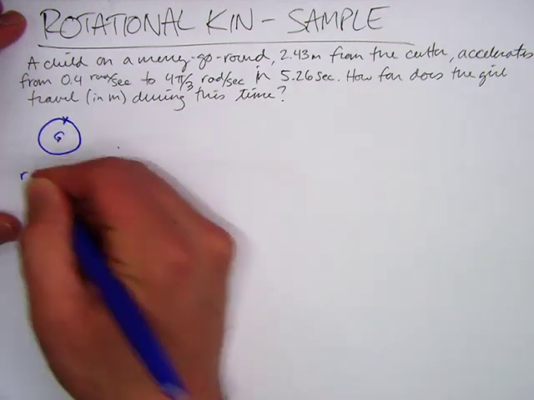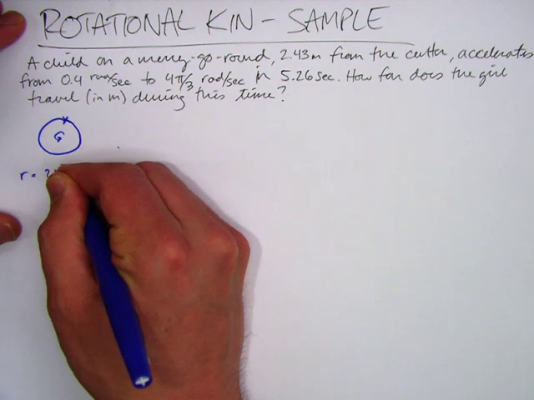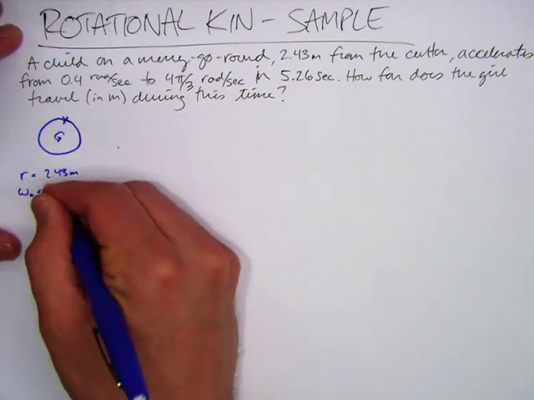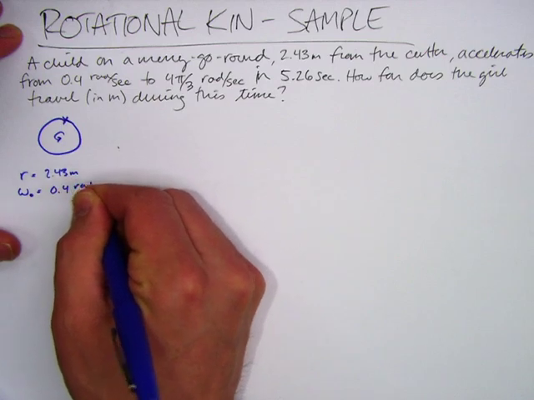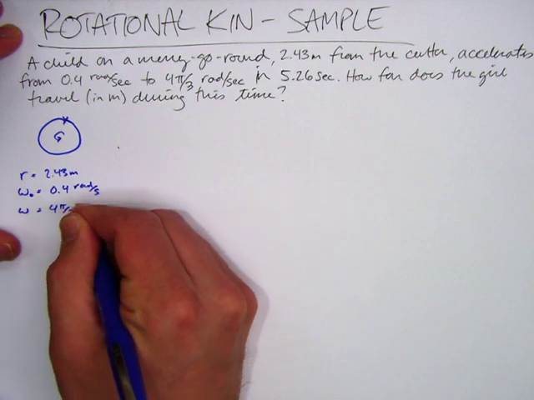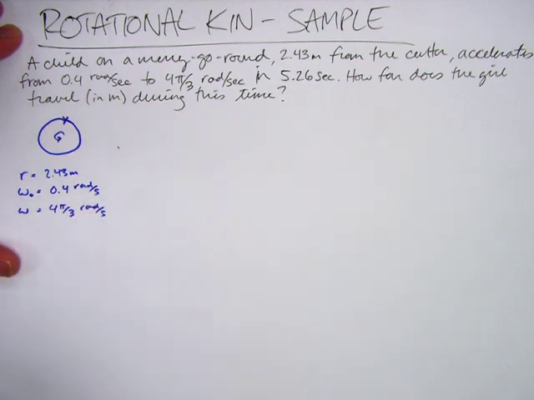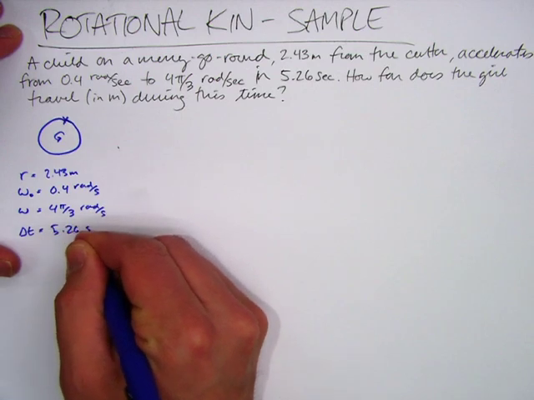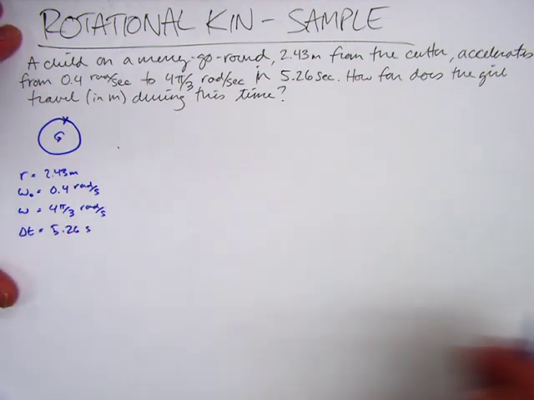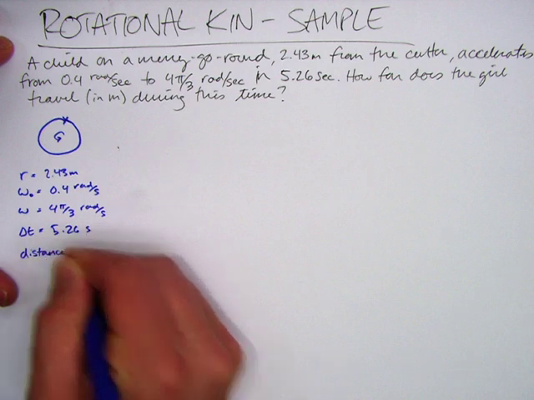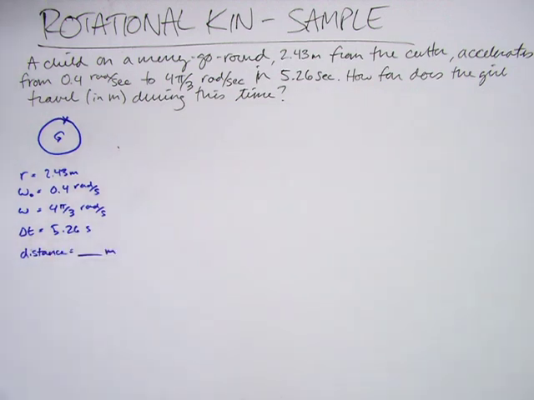I have a radius of 2.43 meters, an initial omega of 0.4 radians per second, a final omega of 4 pi over 3 radians per second, and a delta t of 5.26 seconds. That's it. What I want to find is the linear distance traveled by the girl.